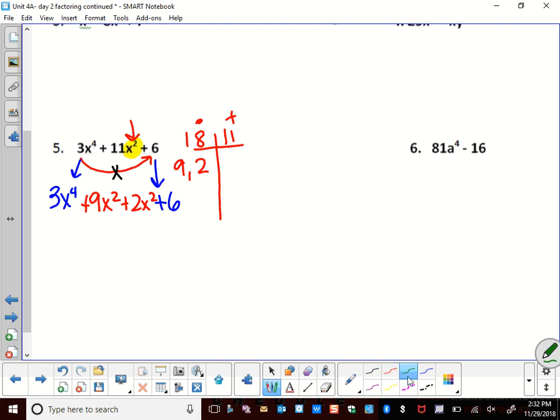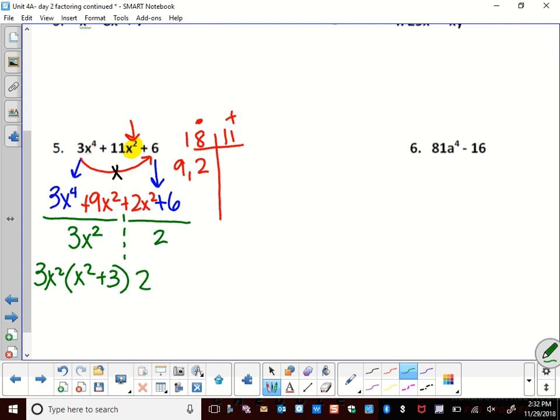All I did was just rewrite it. Now I have 4 terms, so I split it down the middle. My GCF of the left side is 3x squared. I bring down the 3x squared and I divide. That leaves me with x squared plus 3. On the other side, my GCF is 2.